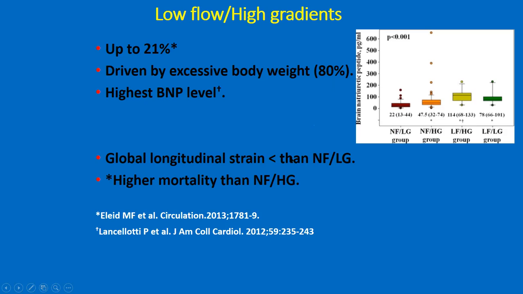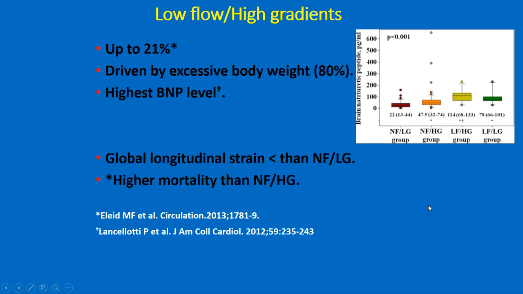The global longitudinal strain is less than normal flow low gradient, and they have a higher mortality than normal flow high gradient, meaning that they have a higher mortality than classic aortic stenosis. So whenever we see patients who have a low flow, high gradient, these patients are at the highest risk of patients with aortic stenosis, and probably they should be sent to aortic valve replacement sooner than patients belonging to the other three categories.